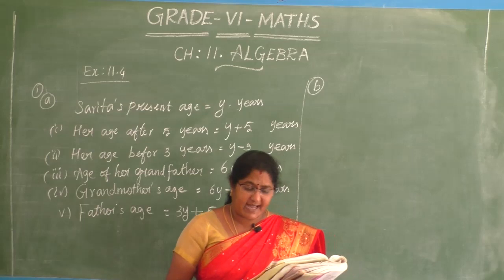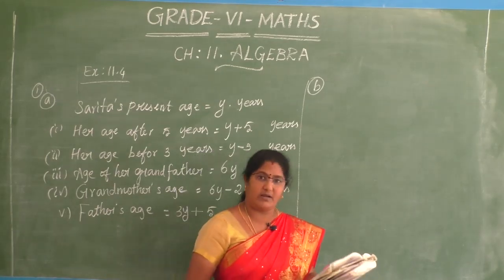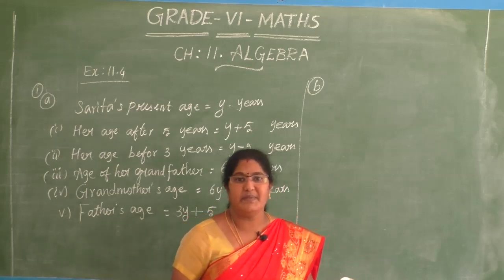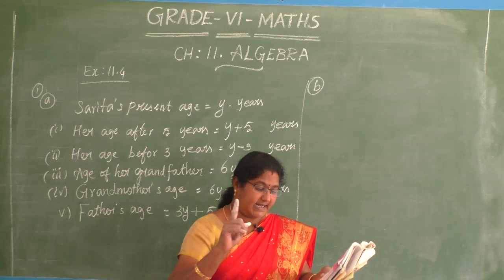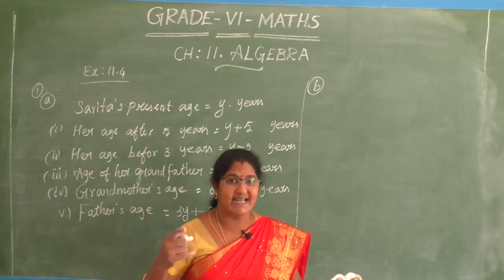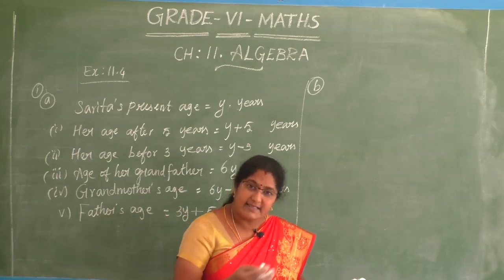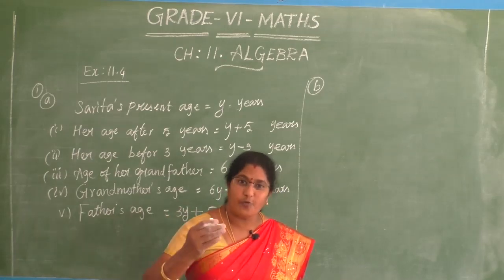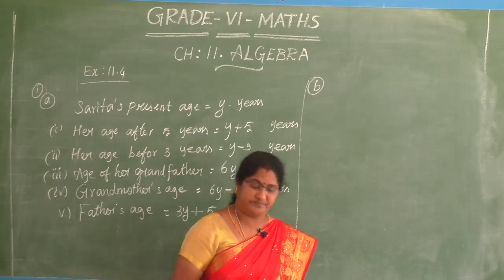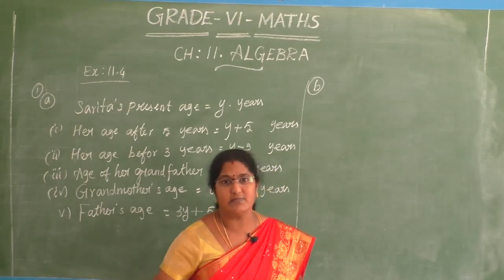The length of a rectangular hall is 4 meters less than 3 times the breadth of the hall. What is the length if the breadth is B meters? They are telling about the length, and we have to find the length in terms of breadth.